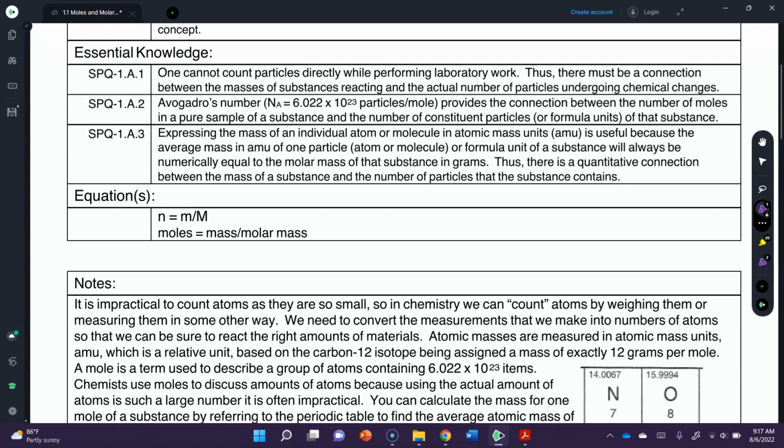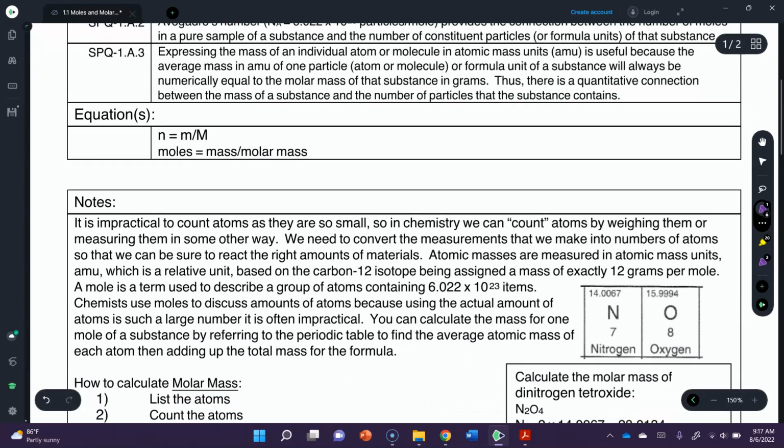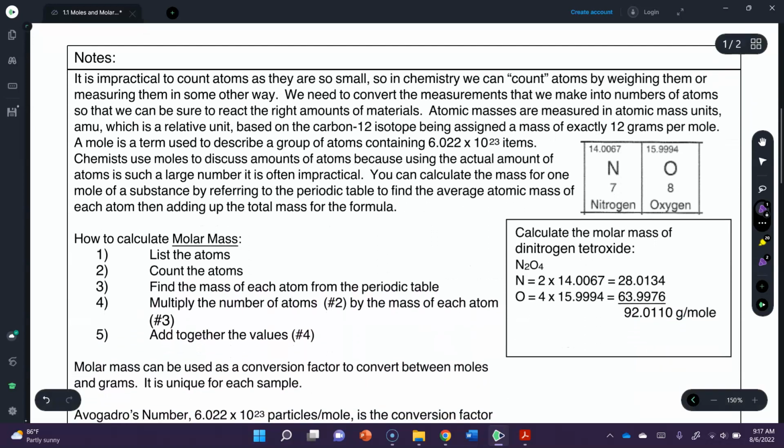And expressing the mass of an individual atom or molecule in atomic mass units is useful because the average atomic mass in AMU of one particle, atom, molecule, or formula unit of a substance will always be numerically equal to the molar mass of that substance in grams. Thus, there is a quantitative connection between the mass of a substance and the number of particles that substance contains. So our notes are going to address those three today.